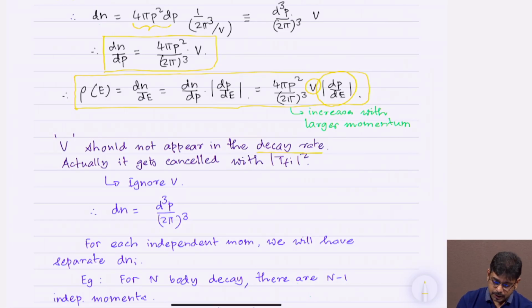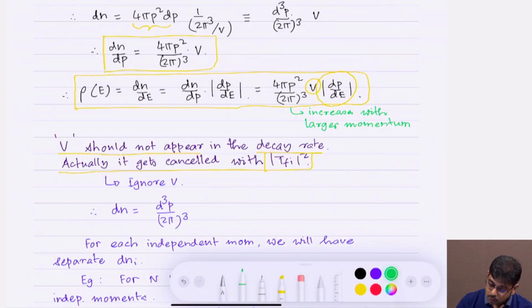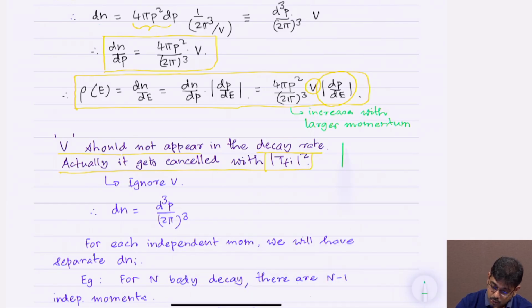It turns out that it nicely gets cancelled with the transition matrix element squared, and it is going to be true for any kind of final state and any kind of initial state. It must be the case that the volume factor gets cancelled. So, this is something we will do as a couple of homework or tutorial exercises.